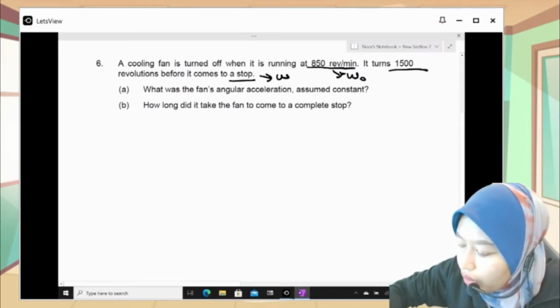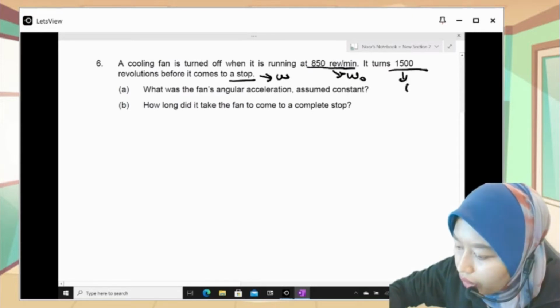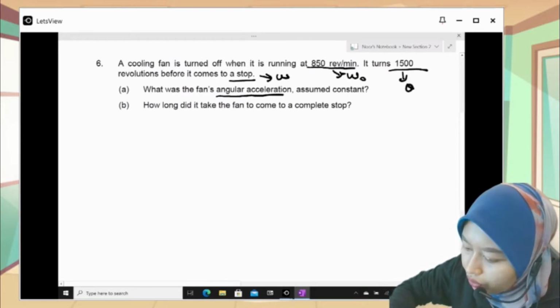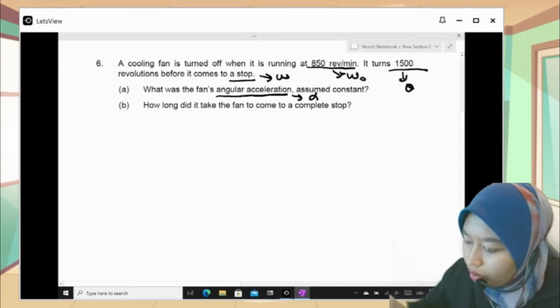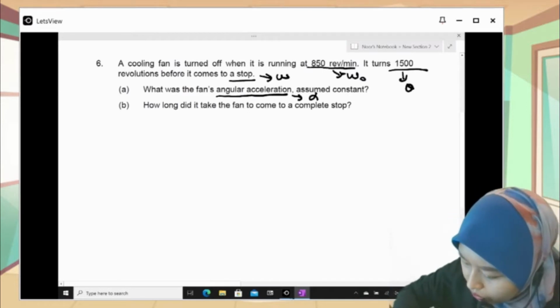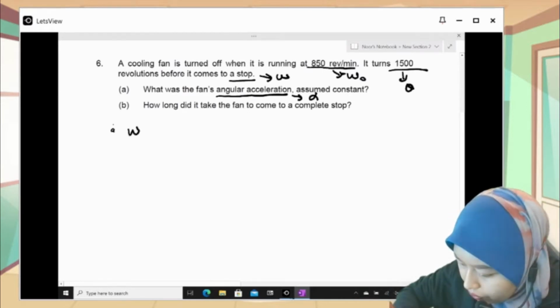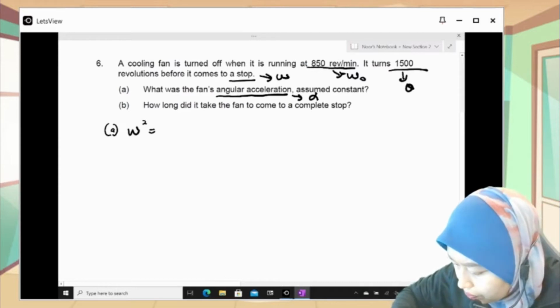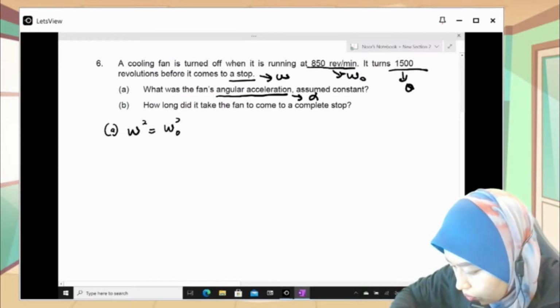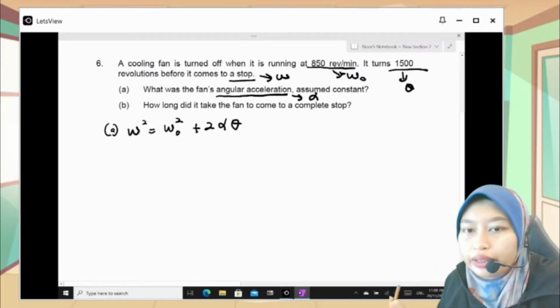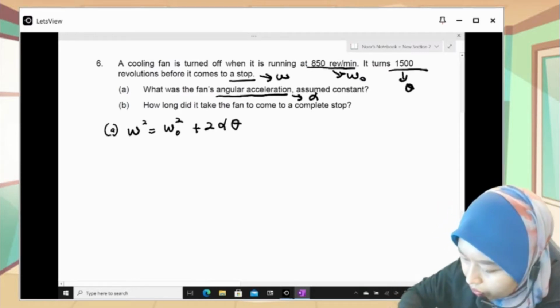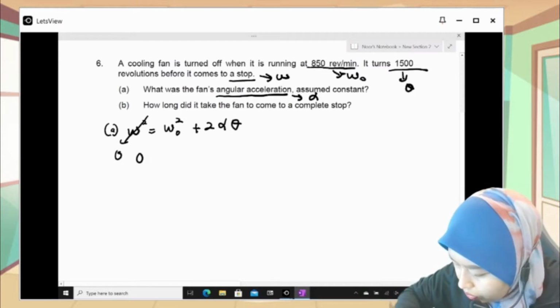This 1500 is theta. The question asks for angular acceleration. So we can use this equation here, because omega is 0.